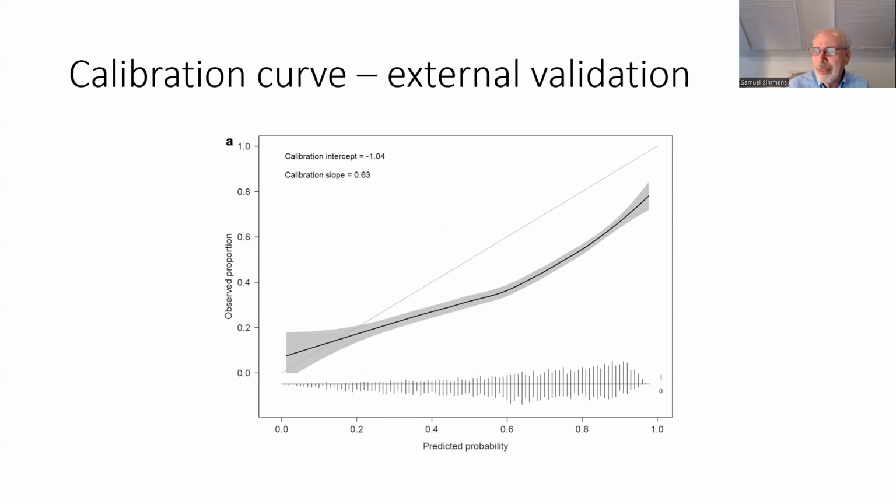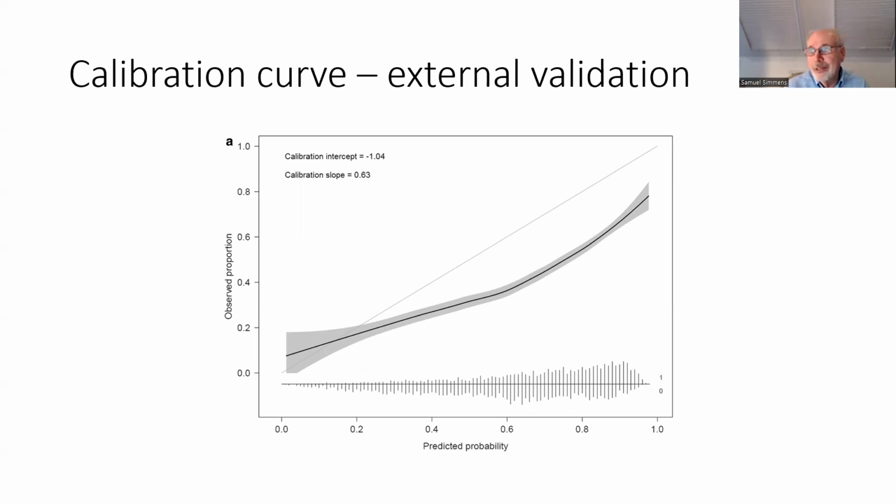And you can see here that there's a big discrepancy once you get to a predicted probability greater than about 0.20: the predicted probability tends to be considerably higher than the observed probability, the observed proportions that you should be seeing.